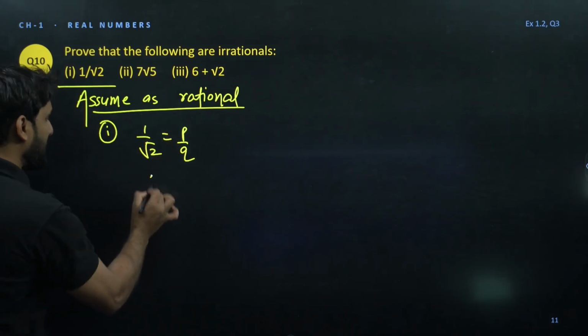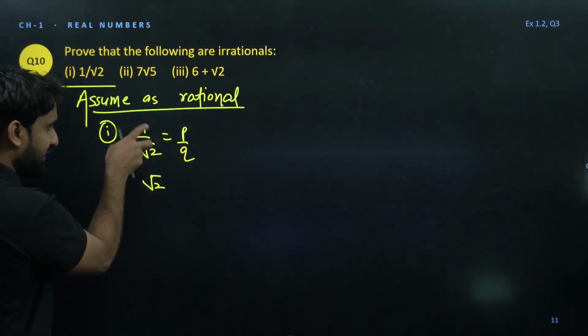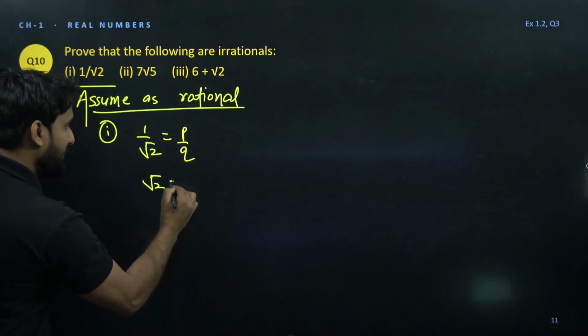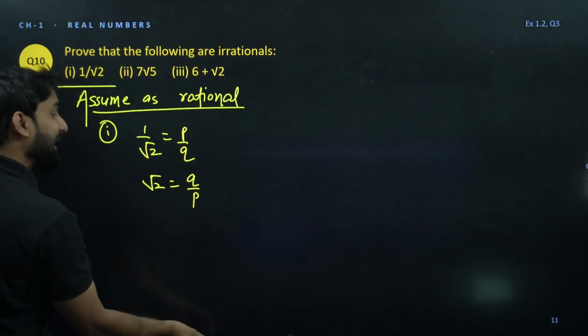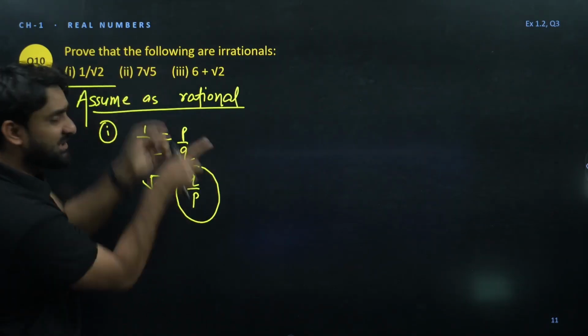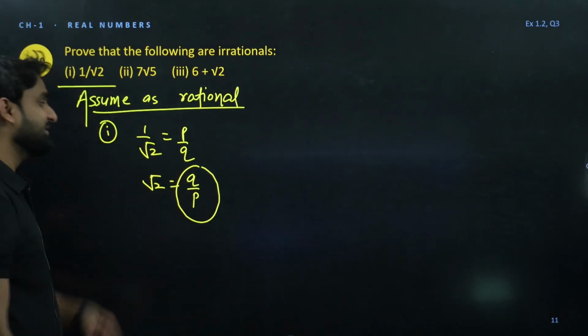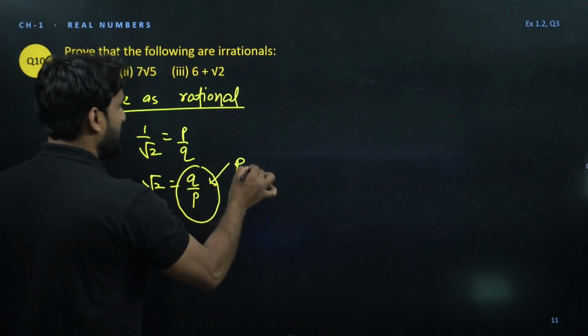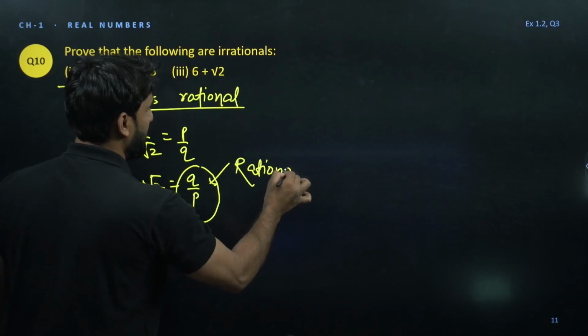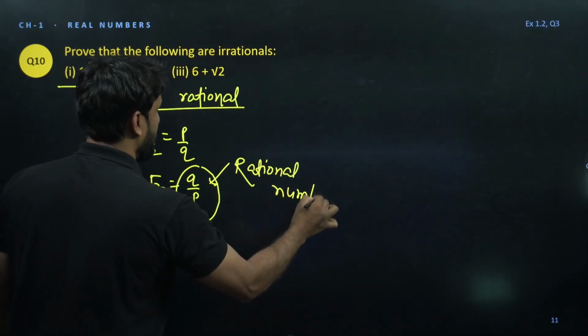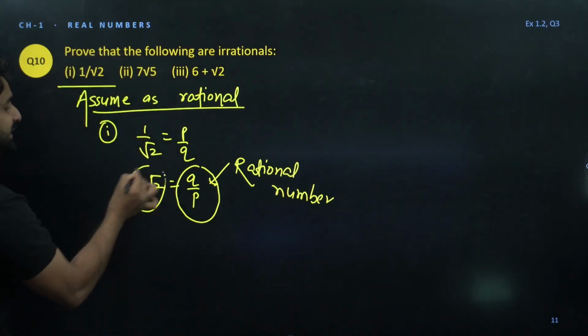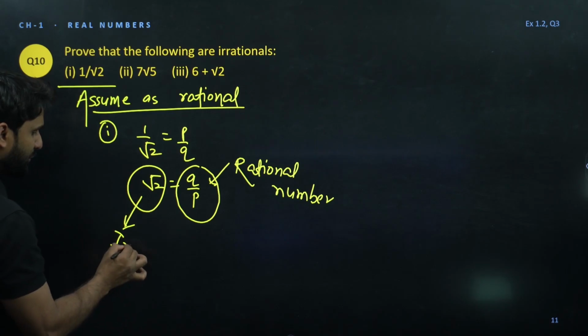Take the reciprocal. On taking the reciprocal, it will become root 2 equals Q by P. The numerator has become the denominator and the denominator has become the numerator, but still it is a rational number. So the right side is what, champion? A rational number, and the left side is an irrational number, which is not possible.